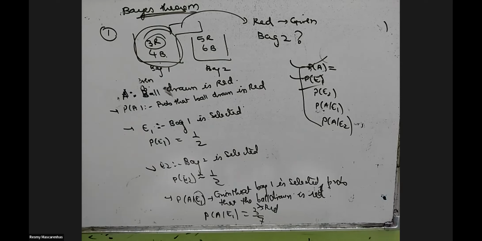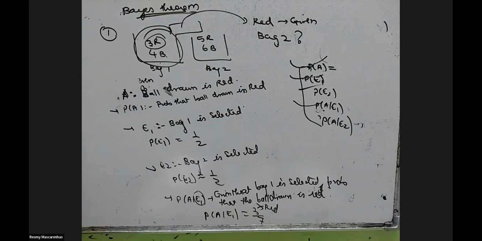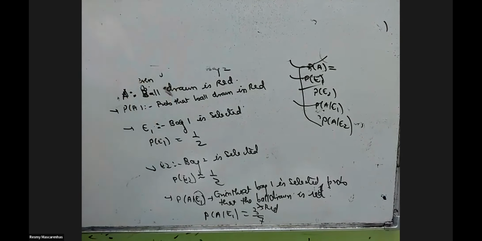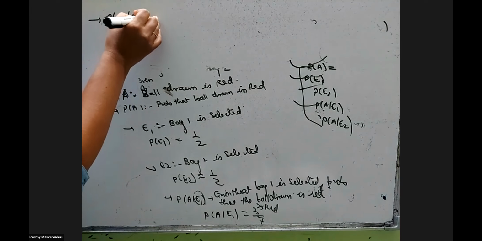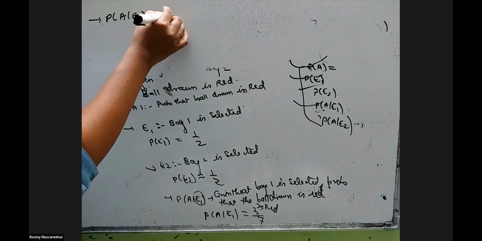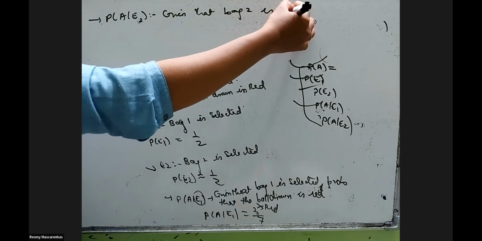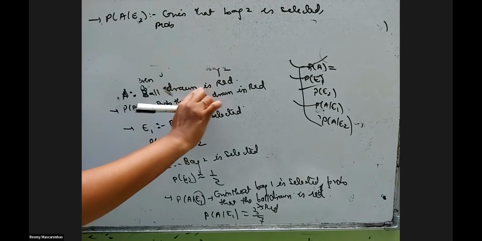The same thing you write for P of A upon E2. Now the last one, P of A upon E2, we have to find. Given that bag 2 is selected, the probability that A, which is always the same thing, ball drawn is red.